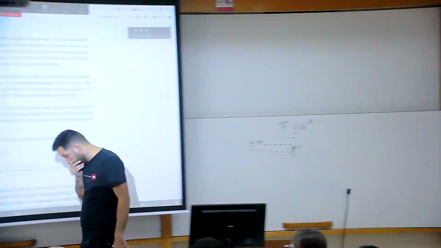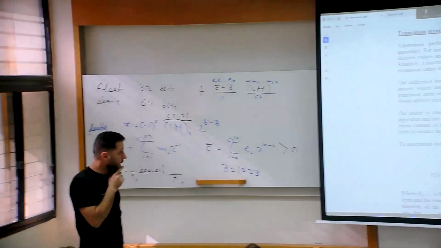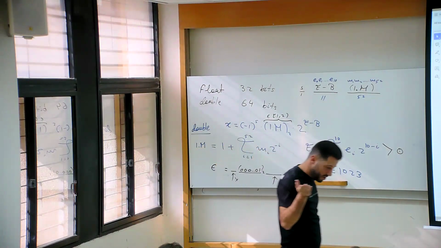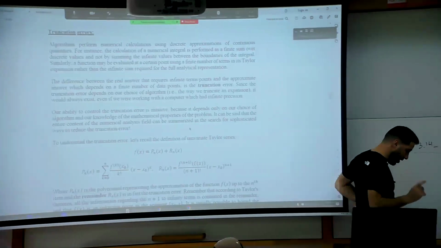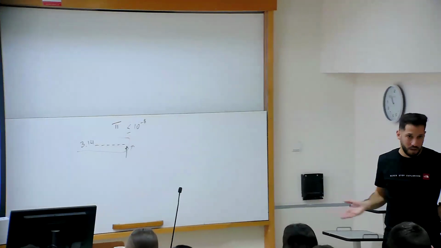So that's how the computer does this. And the question is, what is the error when you do this finite calculation, where we know that the sine is an infinite sum?